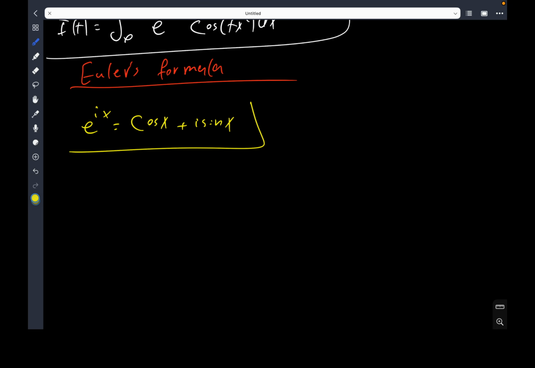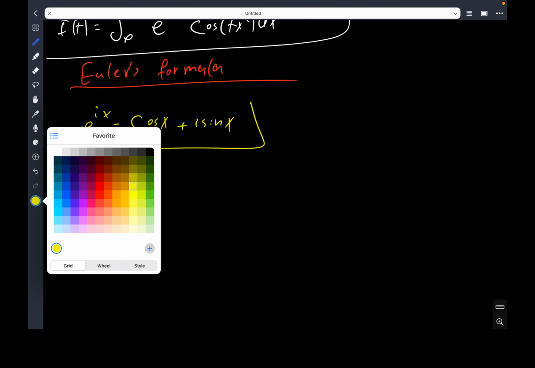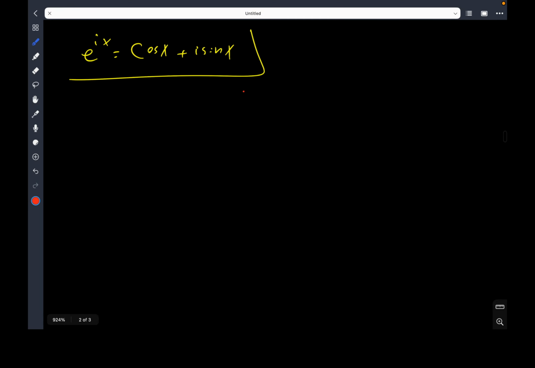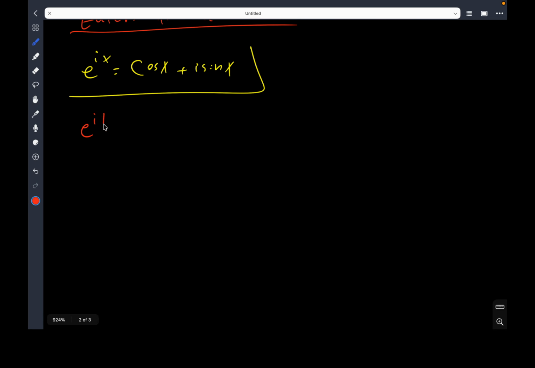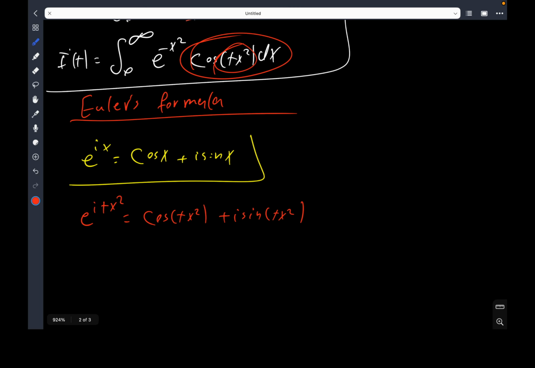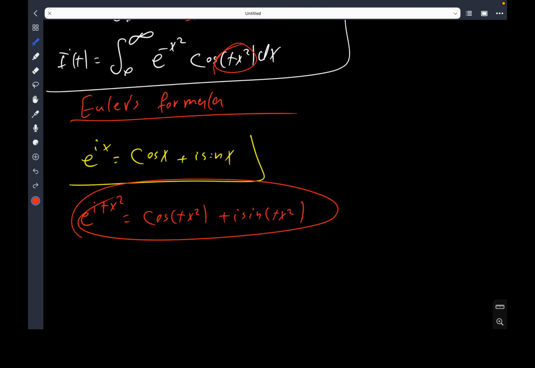And if I plug in tx squared, I'm going to get e to the i tx squared equals cosine of tx squared plus i sine of tx squared. Notice how the real part of this matches the integral that we have here. Thus, I can replace it with only the real part of that.